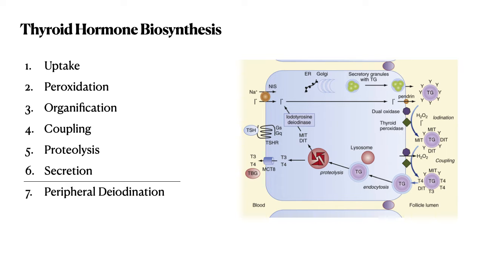But you have the ultimate step, which is the conversion of T4 into T3. Remember that at this point, T4, tetraiodothyronine, has 4 iodine residues. T4 tetraiodothyronine is also called thyroxine.